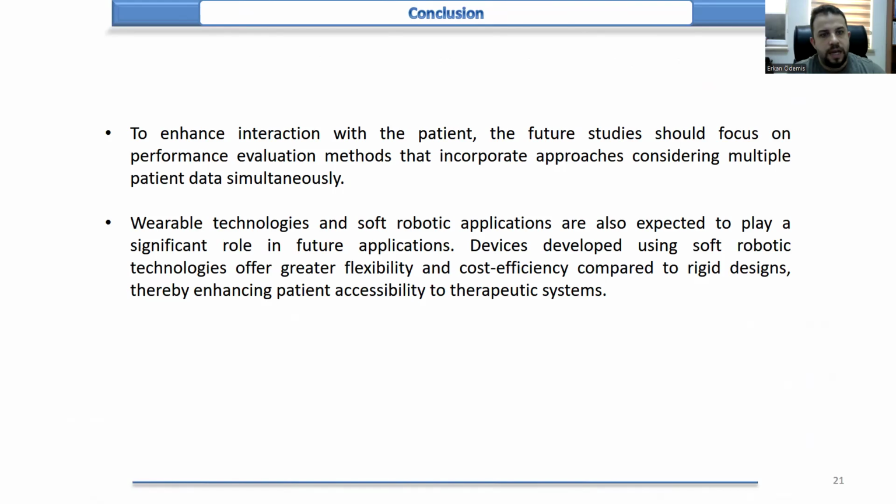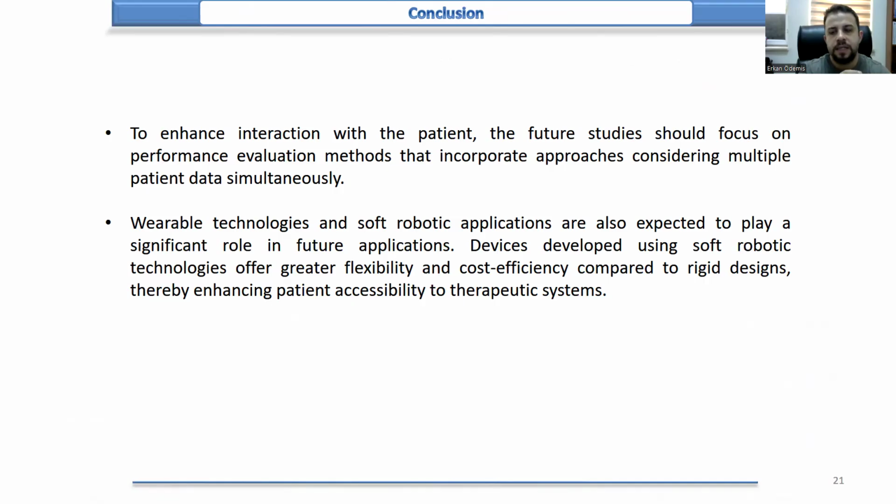Wearable technologies and soft robotic applications are also expected to play a significant role in future applications. Devices developed using soft robotic technologies offer greater flexibility and cost efficiency compared to rigid designs, thereby enhancing patients' accessibility to therapeutic devices.